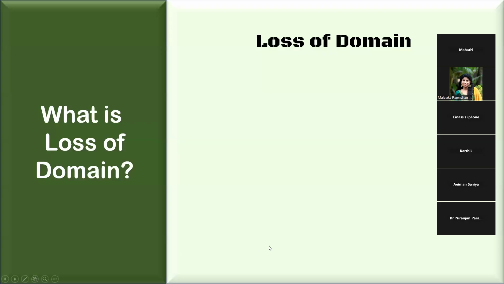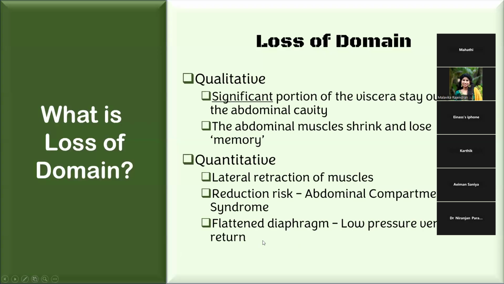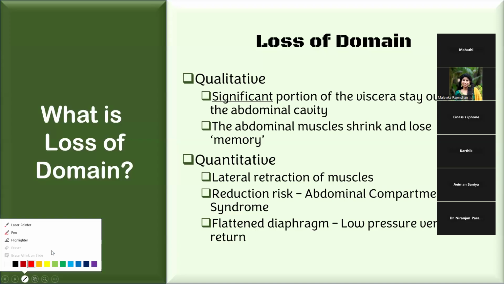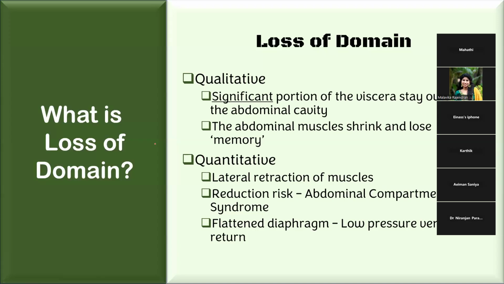When we reduce the contents in a loss of domain, it's now described under what's called qualitative and quantitative. It's not just the volume. Quantitative is the volume. There is a big problem with the quality. This is the quality we're talking about. Please note that the abdominal muscles shrink and retract.